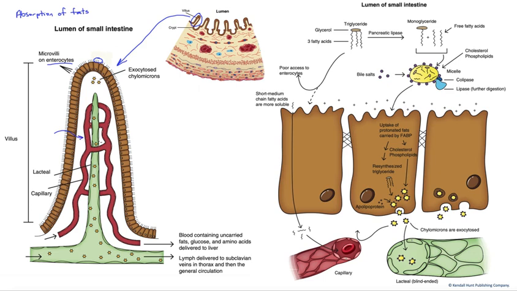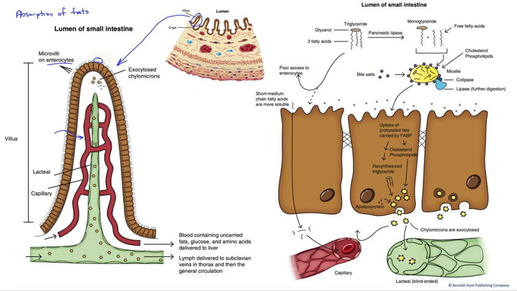Now, this would only include the solutes, the nutrients that are permeable across those capillary walls. So essentially, the carbohydrates, the monosaccharides, and the amino acids, because they're small and hydrophilic. The lipophilic fats need to be coated and solubilized by certain substances as they move through their processing here.